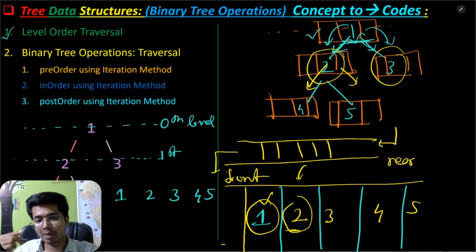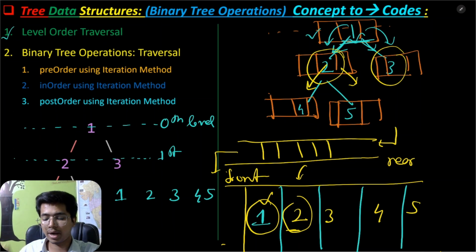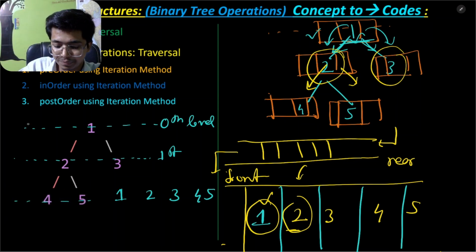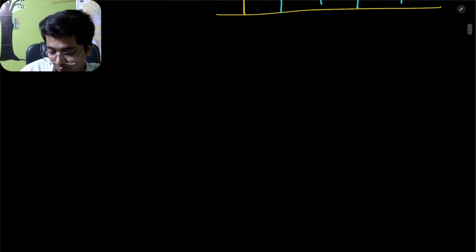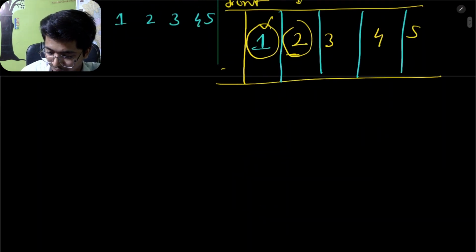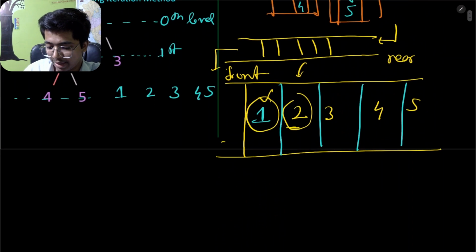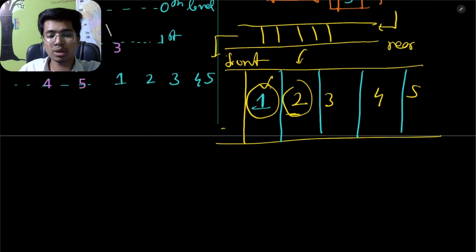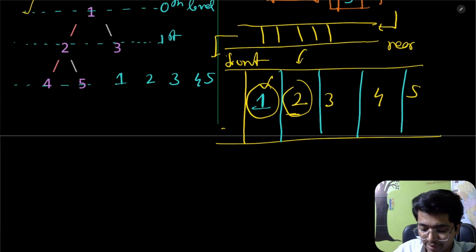So let's understand it one by one, every line of code, and how we can write it. To implement this level order traversal that I made you understand here, we will take that example, 1, 2, 3, 4, 5. First we will think about the stopping case.